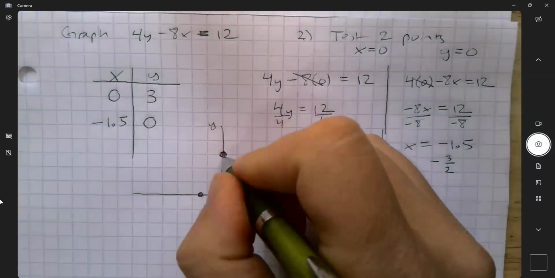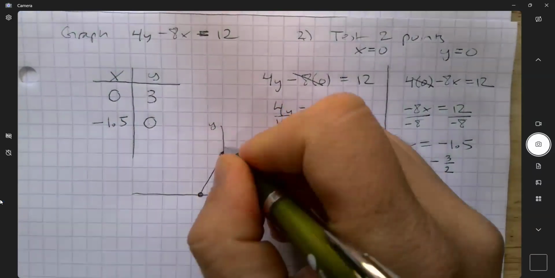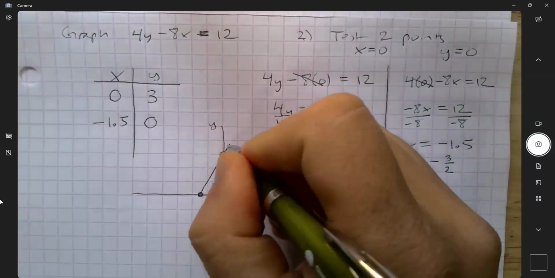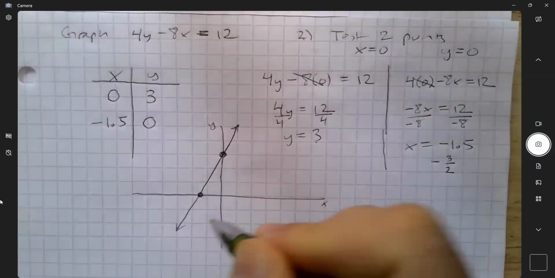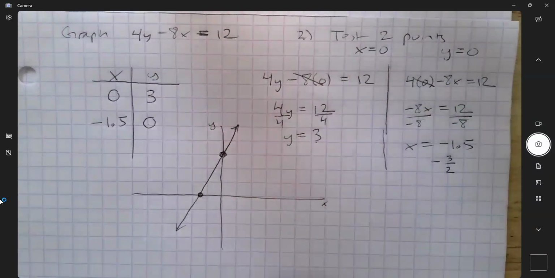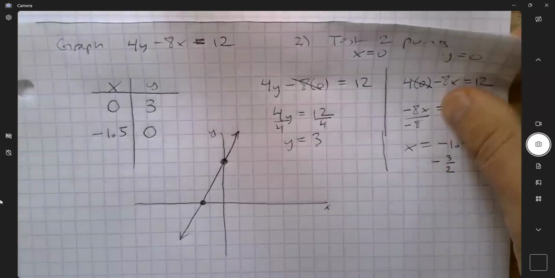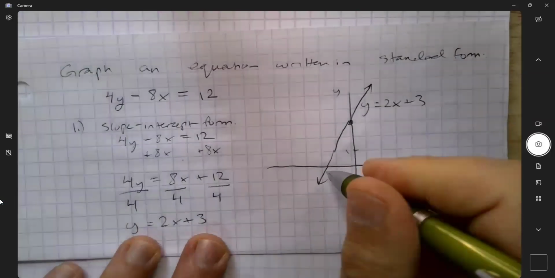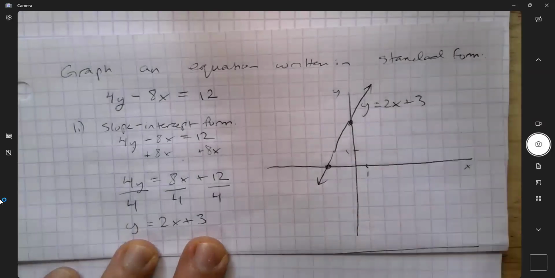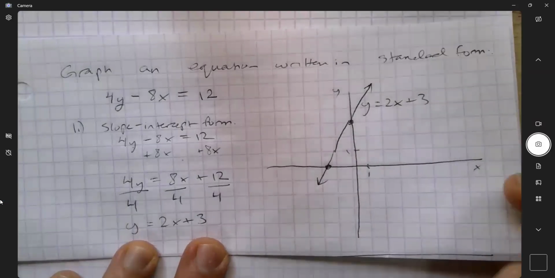Now I have 2 points, and I know that's a straight line because it's a linear equation. And I can connect them, and now I have the exact same graph I had before. Notice how this point goes right through there, which is 0, negative 1.5.